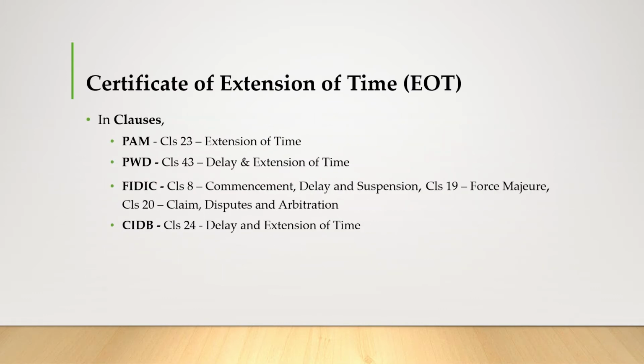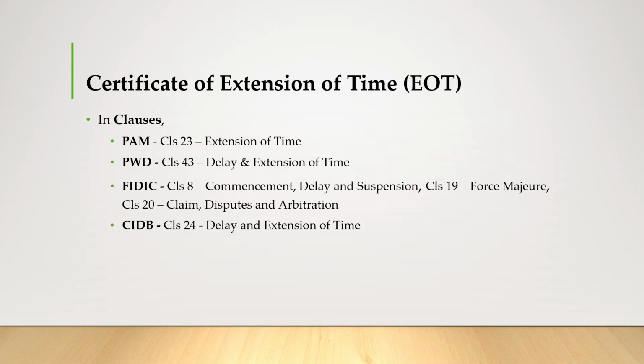For the first one, we will discuss the certificate of extension of time, commonly known as the EOT. The EOT is stated in PAM under clause 23, extension of time. In PWD, the EOT is stated in clause 43, the delay and extension of time.